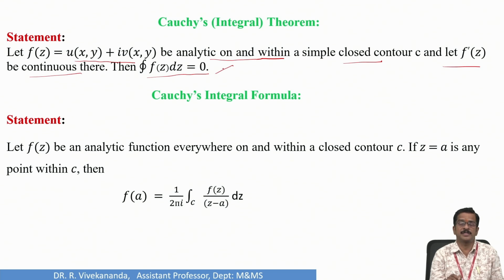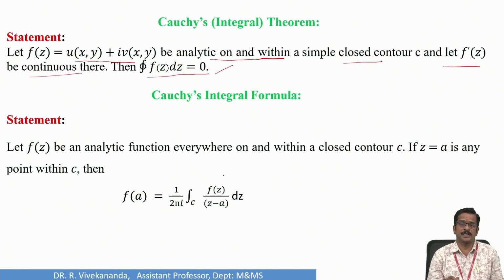The complex function is analytic on and within a simple closed curve C, and f dash of z exists and is continuous therein, then the integration of f of z dz is going to be 0. That is Cauchy's integral theorem.